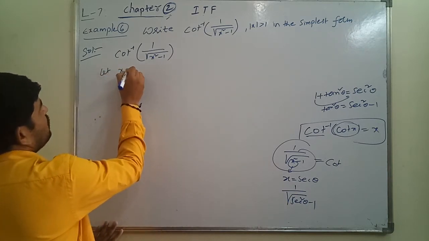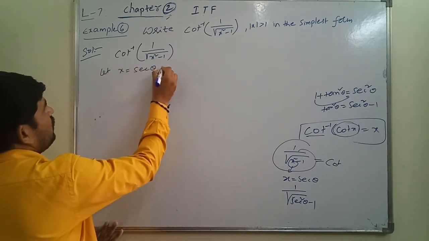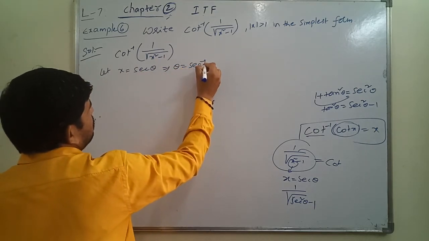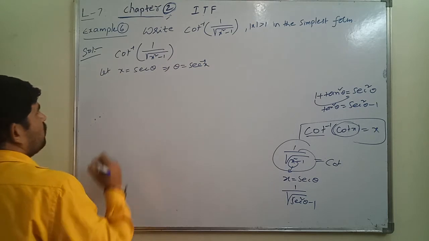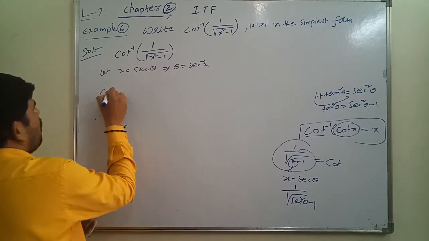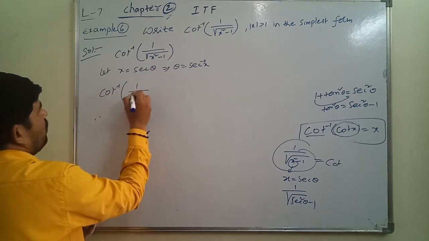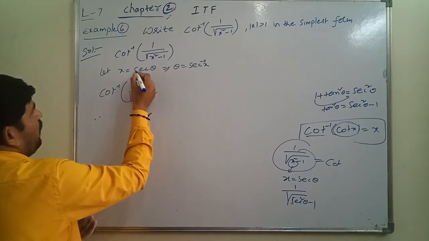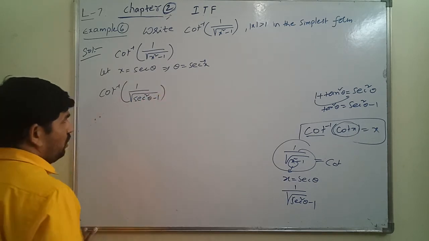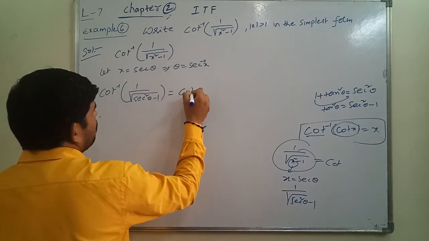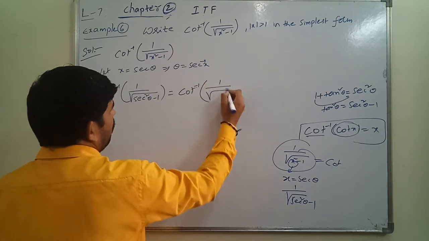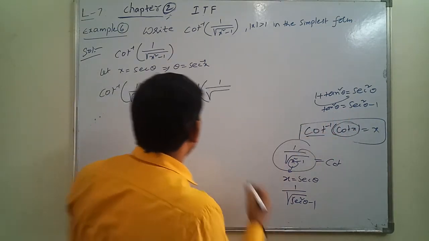Let x is equal to secant theta, which implies theta is equal to secant inverse x. Now here cot inverse of 1 by under root of, in place of x we can write secant square minus 1. Now we write this formula, tan square theta.